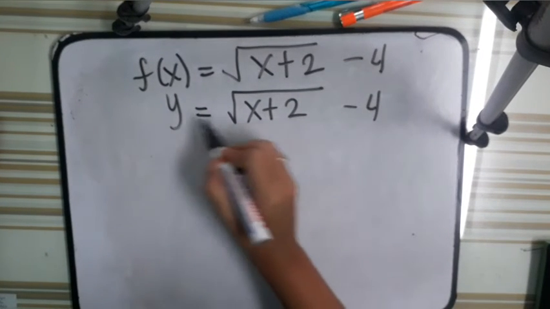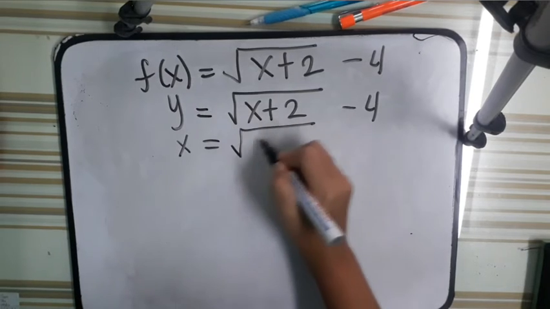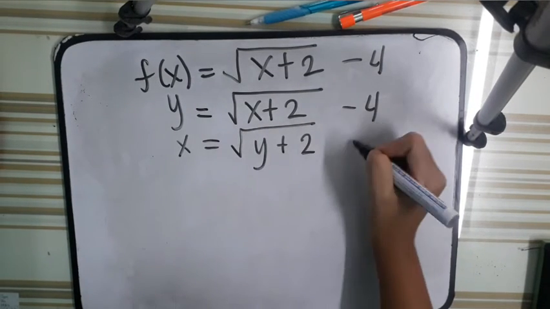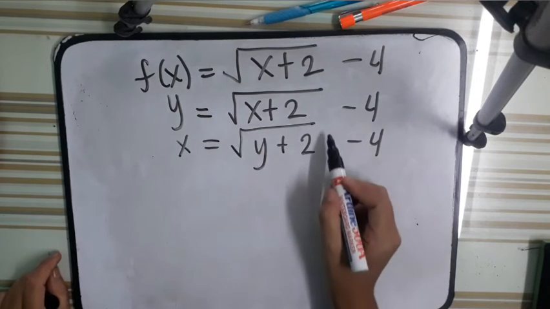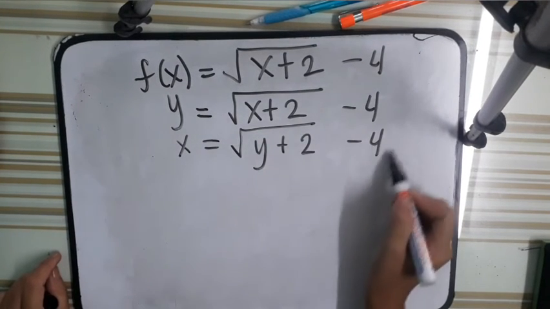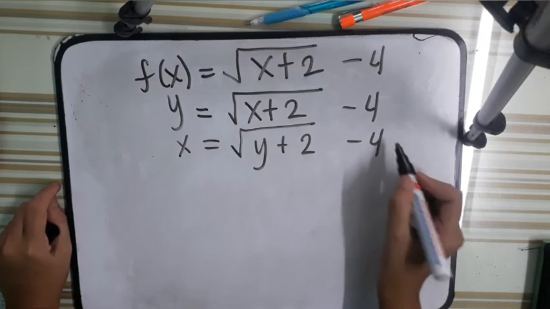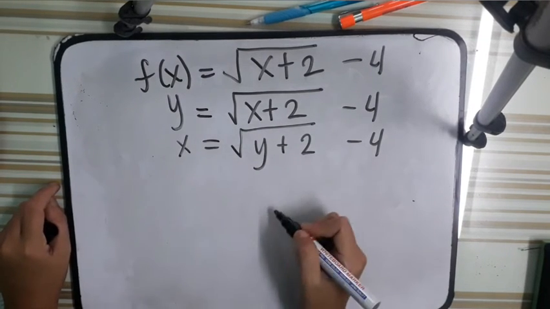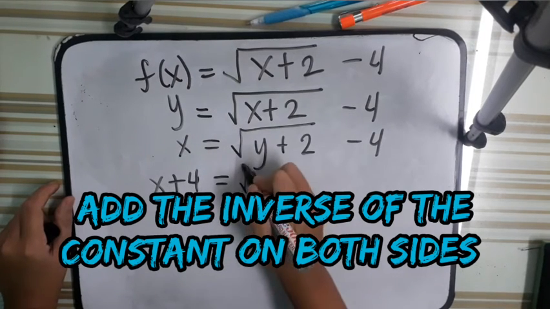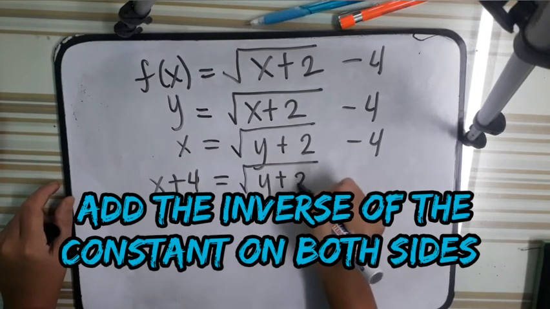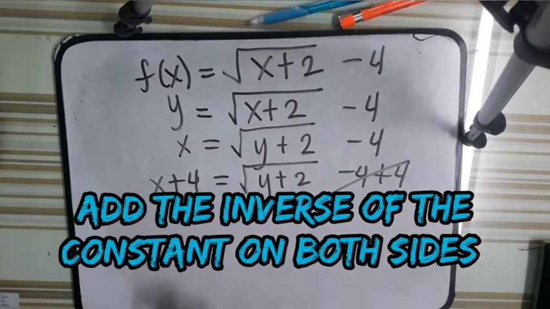Then switch x and y. So this will be x is equal to the square root of y plus 2 minus 4. Since we have a constant here which is not part of this term, we need to remove this one by adding positive 4 on both sides of the equation. So we have x plus 4 is equal to the square root of y plus 2 minus 4 plus 4. So this is cancelled.